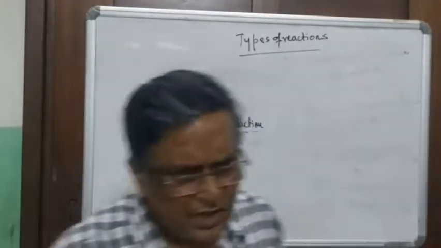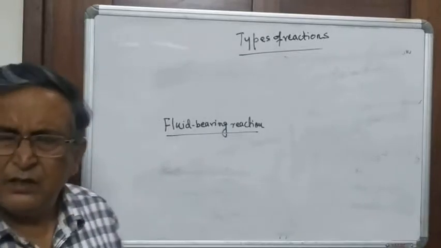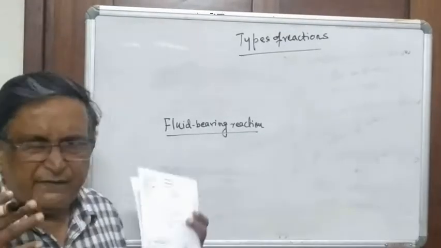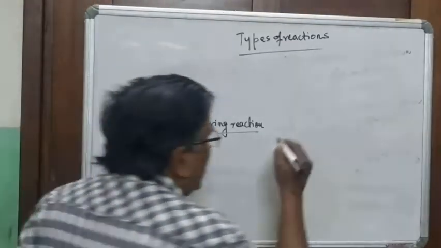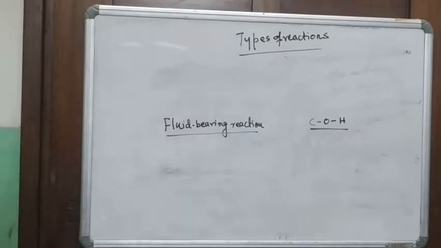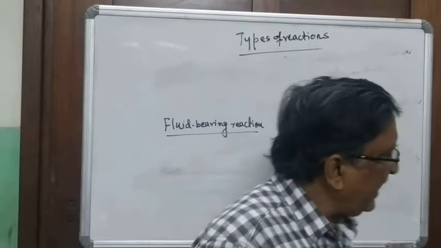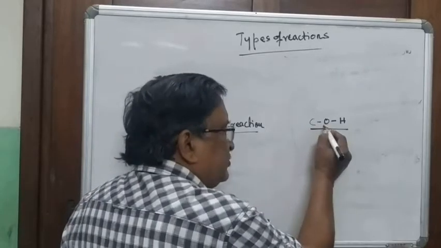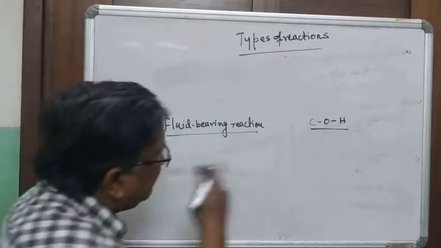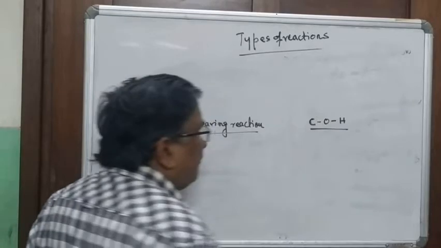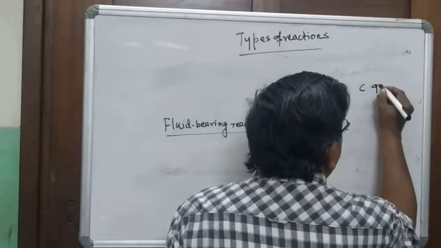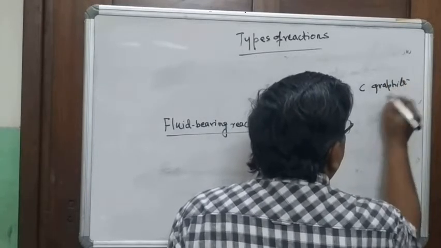The typical fluid that we can deal with, and possibly 99% of the processes, involve these components: C, O, and H. If you take the COH system for the fluid, you must remember that for C, you can have graphite and you can have diamond.